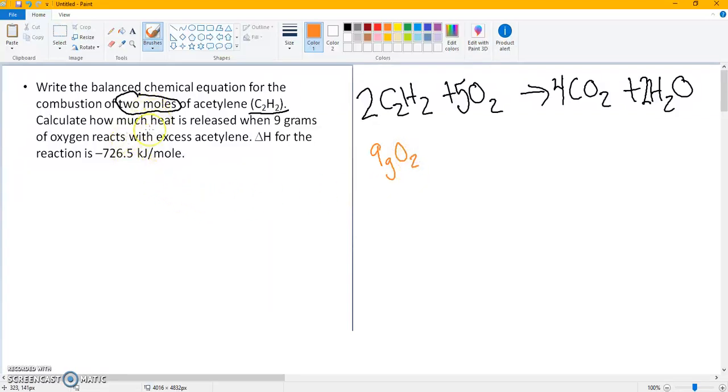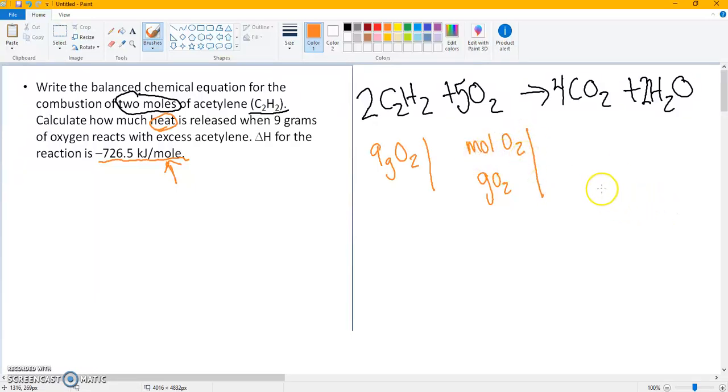But instead of asking me how much carbon dioxide will be formed if I use 9 grams of oxygen, what it's asking me for is the heat. So I want to look, and my delta H tells me how many kilojoules there are per mole. So the first thing I want to do is go from grams of oxygen to moles of oxygen.